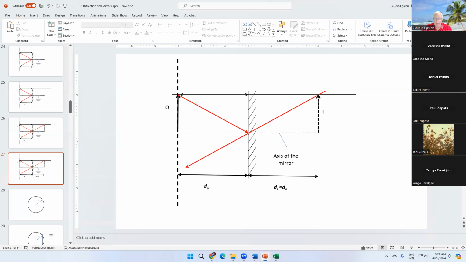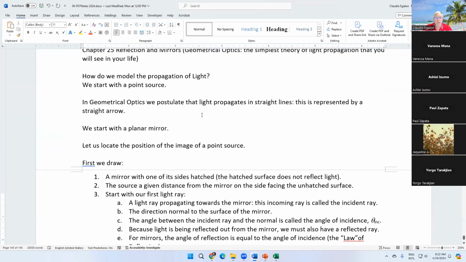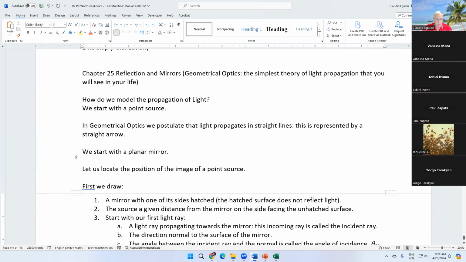And now we can start talking. Now let's talk about what we did so far. We started with a planar mirror, the simplest of all mirrors out there.